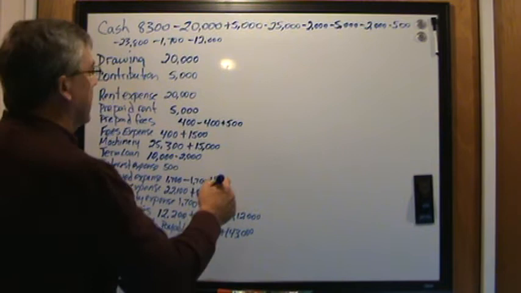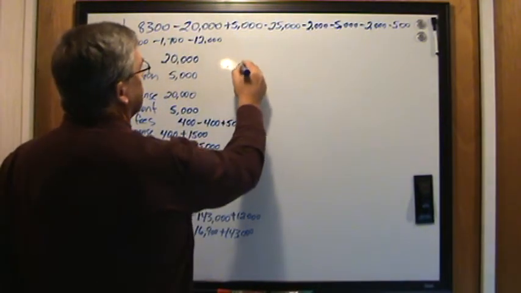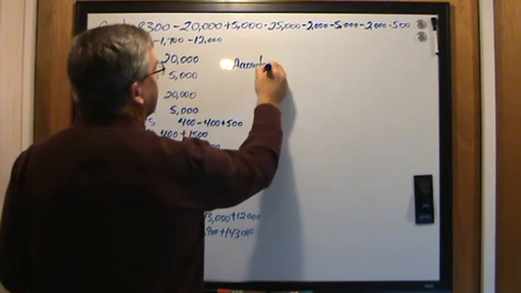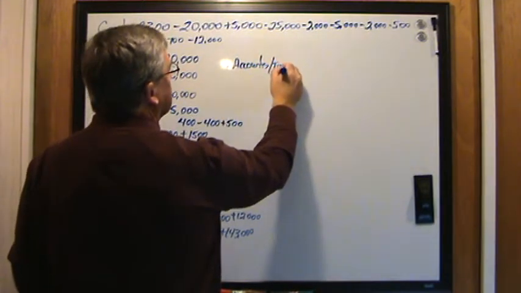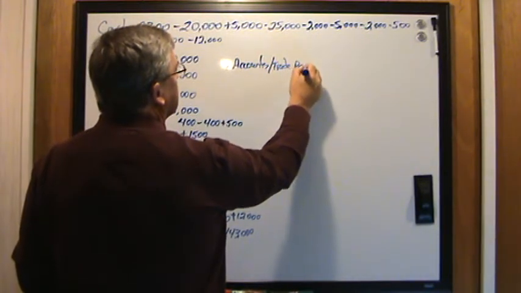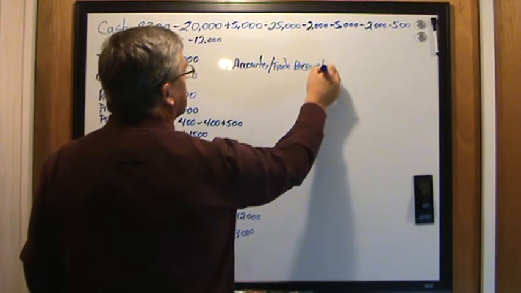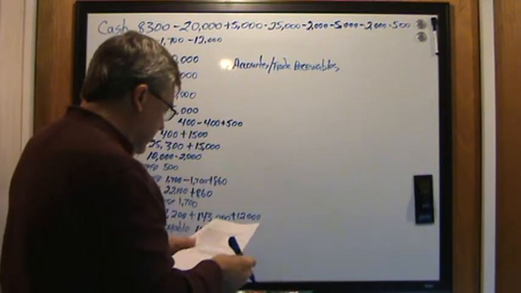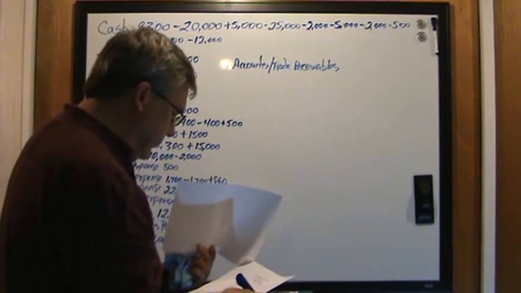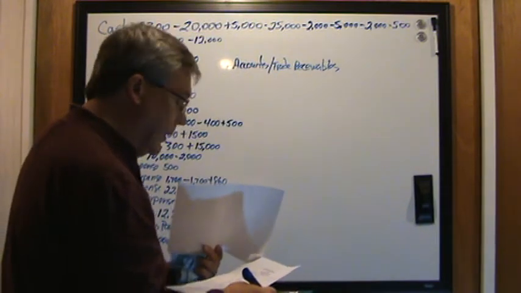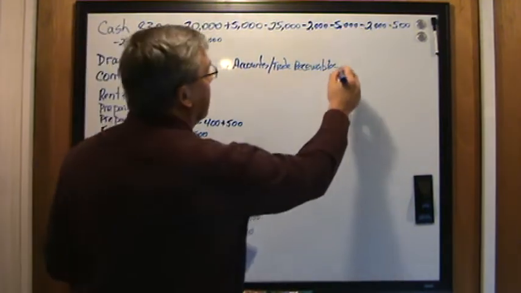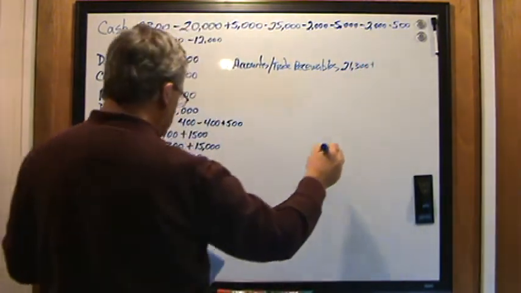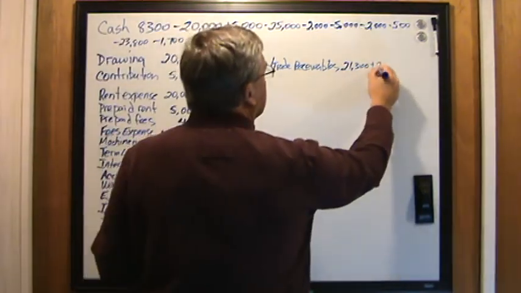So we'll have accounts receivable. Accounts or trade receivables starting off the year were $21,300 on the beginning balance sheet, and now we've increased that by $211,000.